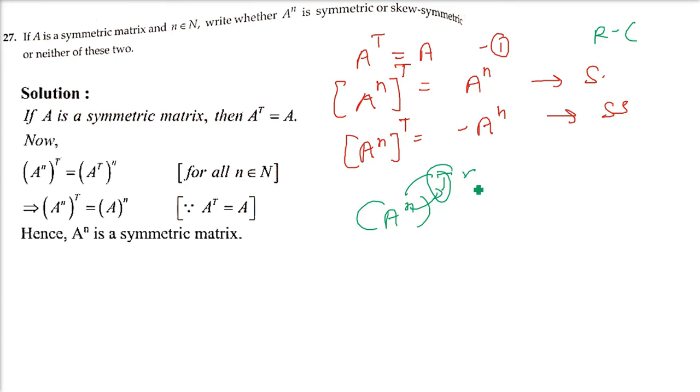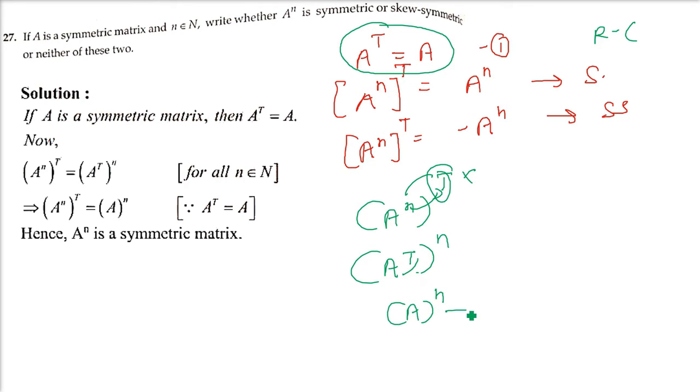Okay, t is not the power. So A raised t to the power n, and A transpose is given as A. So you can replace it by A raised n. So as I said, when you took the transpose and the final result is A raised n, there are two options which I gave. It is symmetric because it is just positive power.